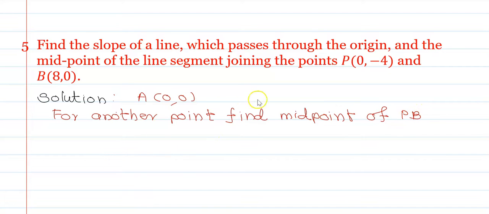The coordinates of the point P are (0, minus 4) and B is (8, 0). The line passes through the origin and the midpoint of these 2 points.